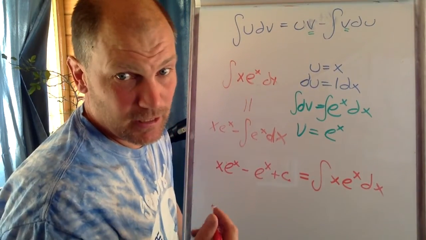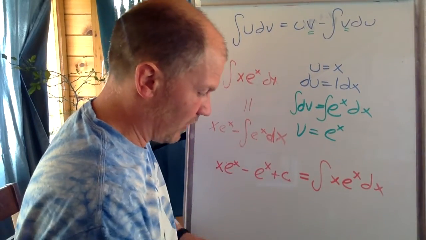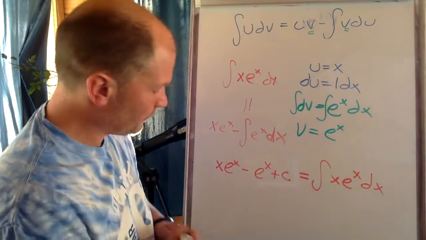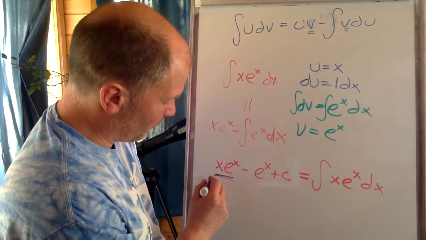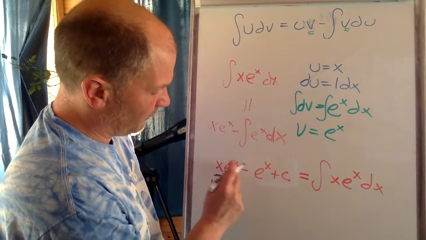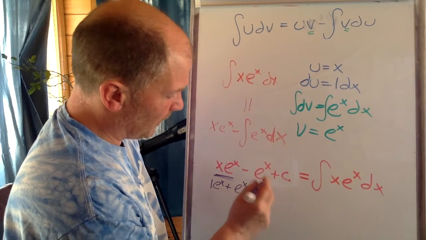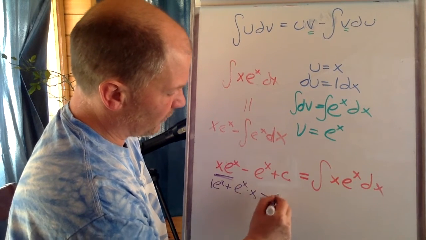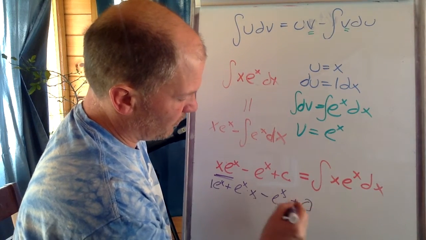And I'd like to take the moment to just try that out. I'll interject the final color. We need to remember product rule. So the derivative of x is just 1 times the first times the second, plus the derivative of the second, e to the x, times the first, x, minus the derivative of e to the x, well, that's just e to the x, plus the derivative of c is just 0.